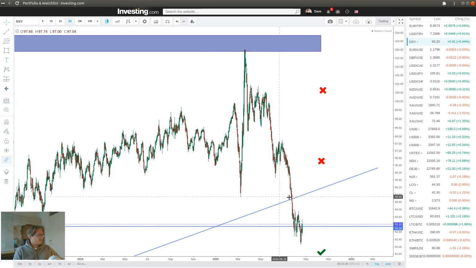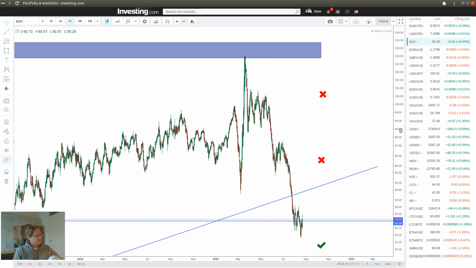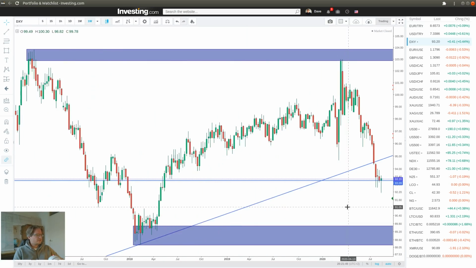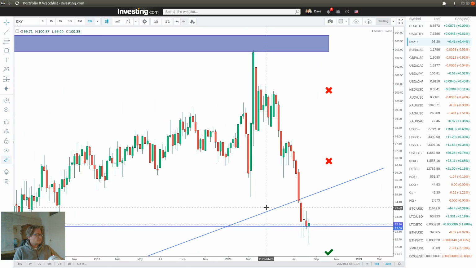So I tweeted out that I was looking for more downside on the dollar. I said, okay, we have a green light for downside and we're not gonna go back up above this trend line. But looking at it today, I'm not too sure about this, because looking at this daily candle, this formation, it has this very long wick to the downside and a bullish body.